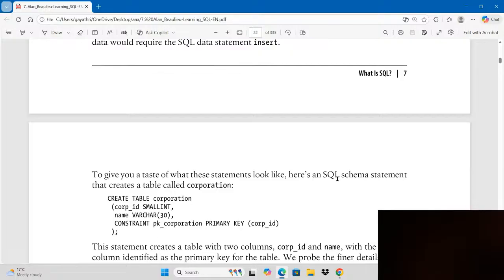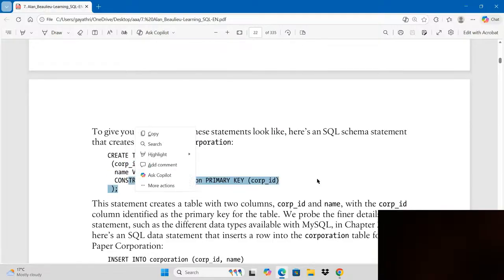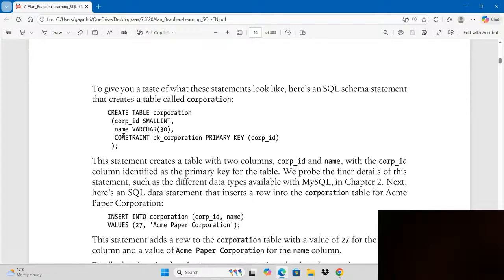Here is an SQL schema statement that creates a table called corporation. This is the SQL statement where we are creating the corporation table: create table, the table name, the columns separated by commas, the data types of the columns, and the constraints for the column.